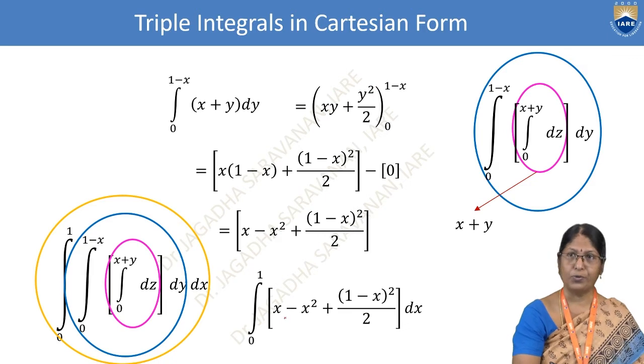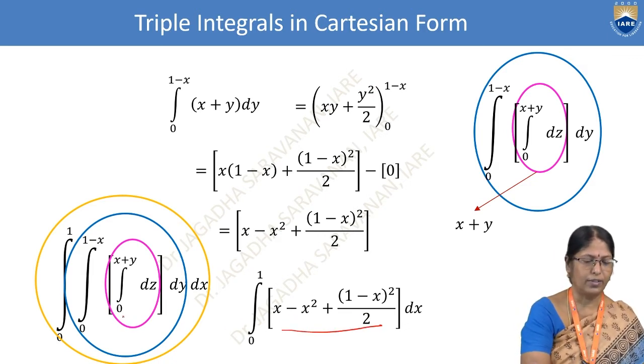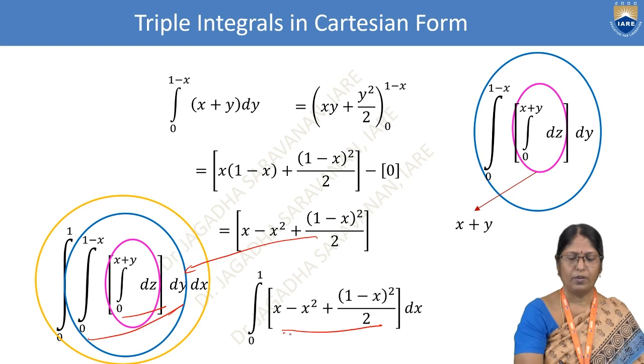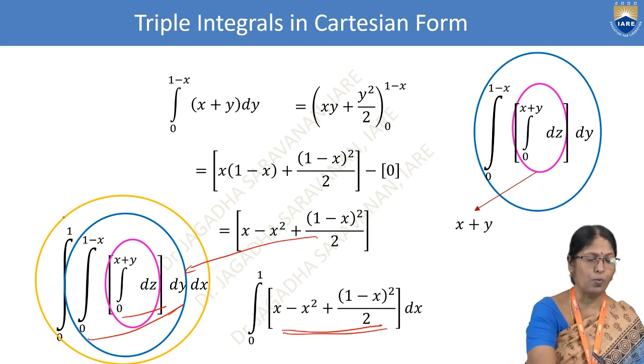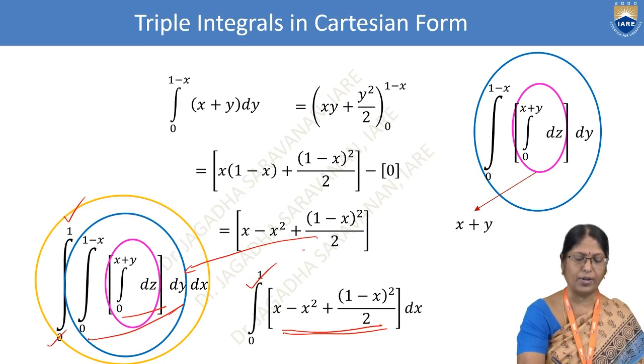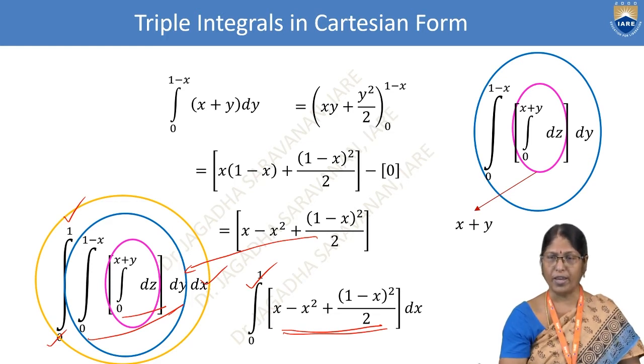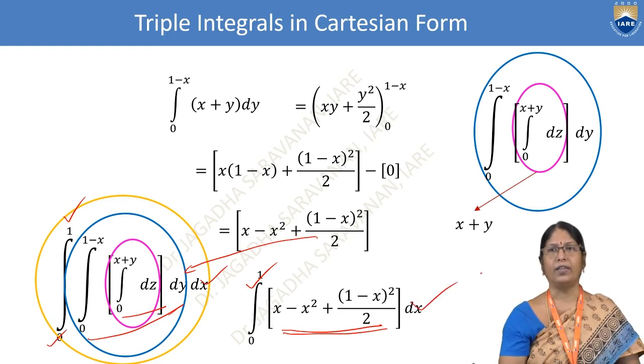So now we substituted here. This is the result. This is over, this is over. The complete 2 is here, we put it. The outermost is from 0 to 1, as it is written. The outermost integration is done with respect to x, so it is dx.